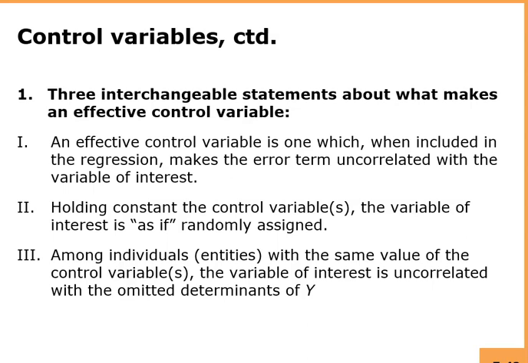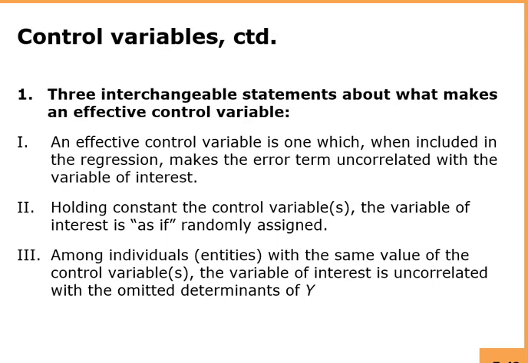Then another way of describing a control variable is that holding constant the control variables, the variable of interest is as if randomly assigned. So basically we are trying to get as close to a randomized control trial outcome in which everything else is randomly assigned. All the attributes are randomly assigned.